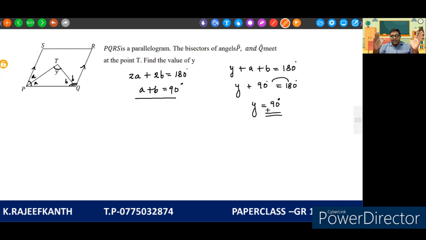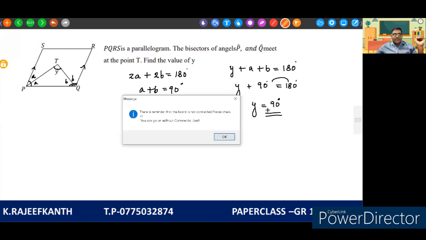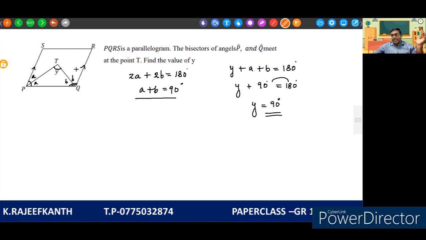Here, PQRS is a parallelogram. Then we know that opposite sides are parallel. PT is the bisector of angle SPQ and QT is the bisector of angle RQP. So those two angles are equal. So I mark the angles as A, A and B, B. Then these two angles are allied angles because these two are parallel lines.